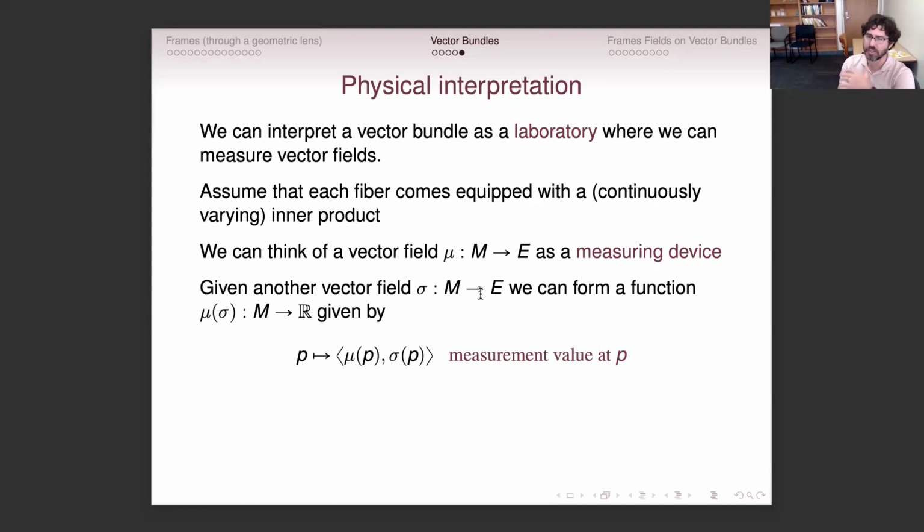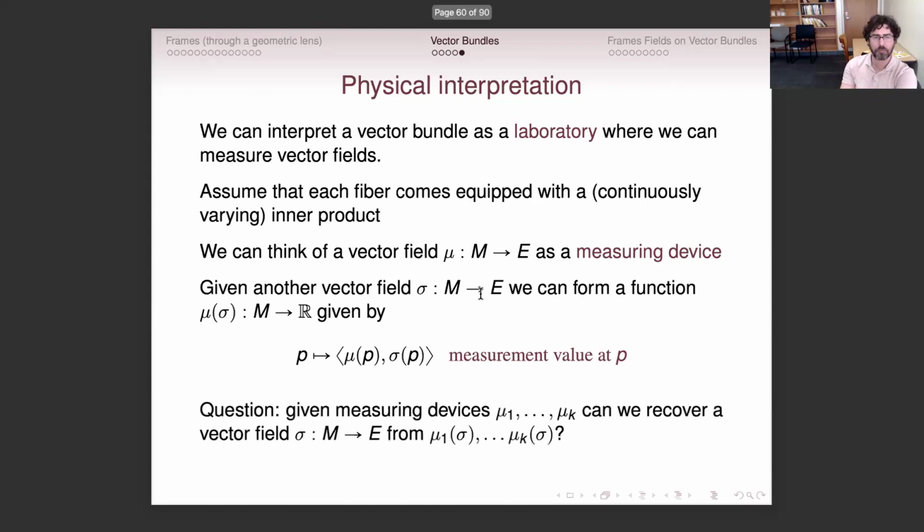But this is the sense in which I can think about vector fields as measuring devices on my vector bundle. And here's a natural question that's maybe motivated by things we were talking about before. Let's say you had a handful of measuring devices. Again, these are a bunch of different vector fields. And somebody handed you another vector field sigma. Well, you could measure that vector field with each of your measuring devices.